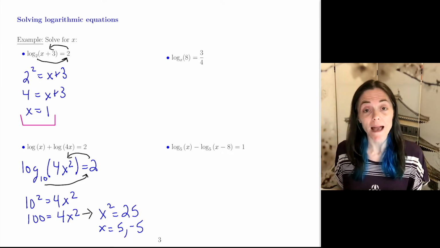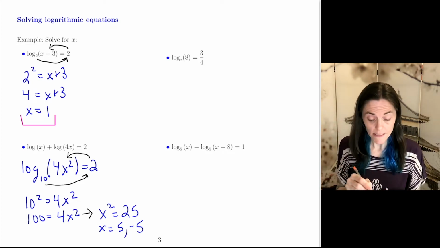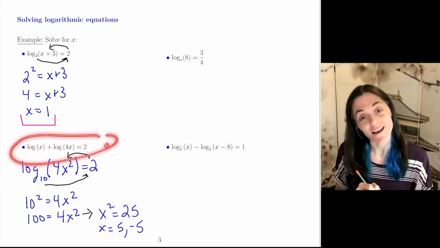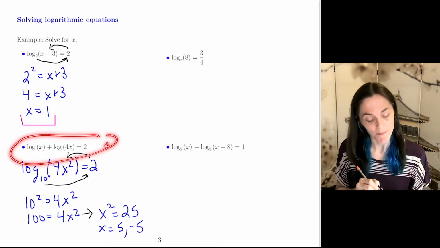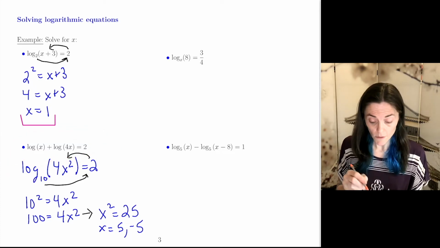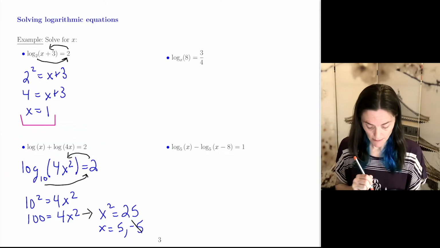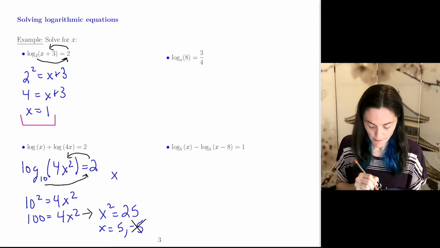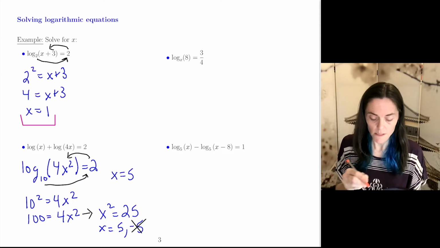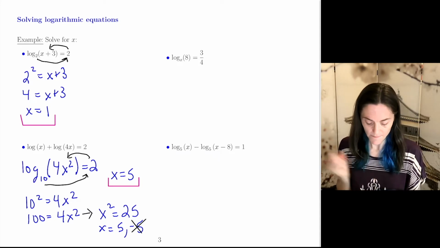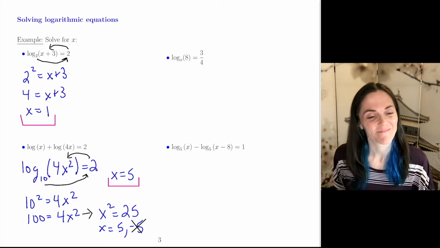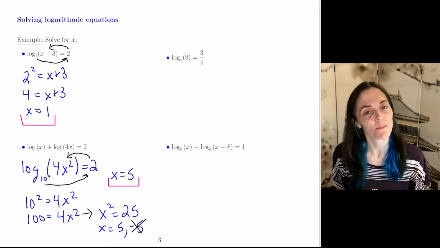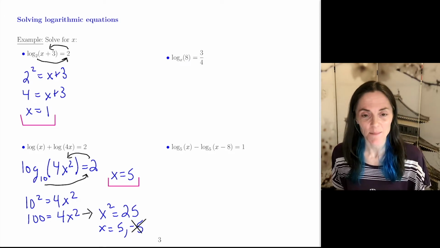However, we have to go back to the original equation, which is here. And you notice that minus 5 is not in the domain of the logarithm. And so we will rule out this possibility. This cannot be it. So the only solution here is x equals 5. This is what I will underline. We had to think about domain to rule out one of the possibilities in that example.